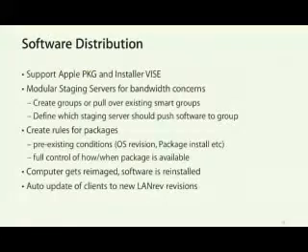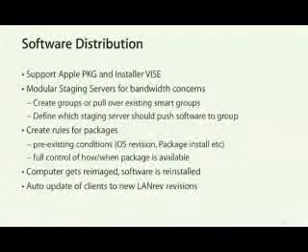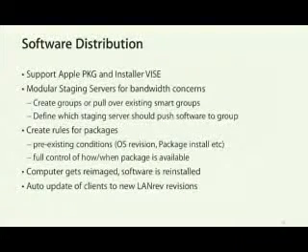And the nice thing about that is that basically all you need to do is have the LANrev client installed on that server and go into software distribution and say, hey, this is a staging server. And then when you're done, you can say, hey, this is no longer a staging server. So it also allows you to create basically staging servers from any machine on your network if you have a high-volume push that you need to do.